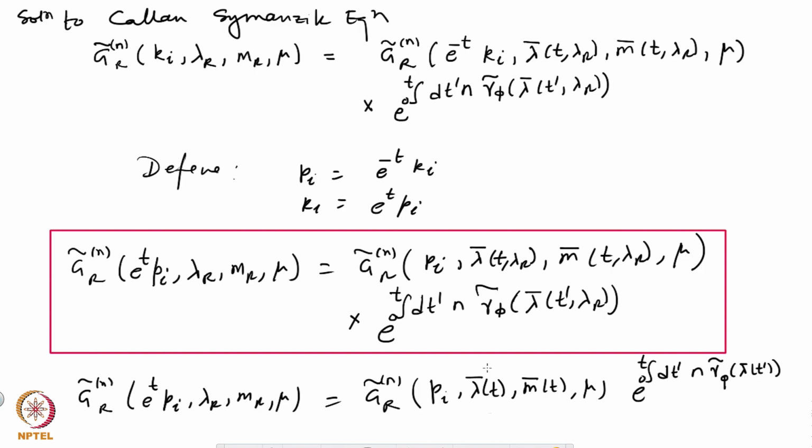And let's say you are looking at the 4-point Green's function. Now the 4-point Green's function, when you calculate, you have seen that you have to sum up all terms of order λ_r squared, λ_r cubed, λ_r to the 4, and so forth.